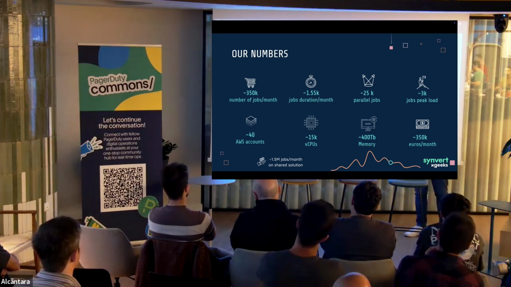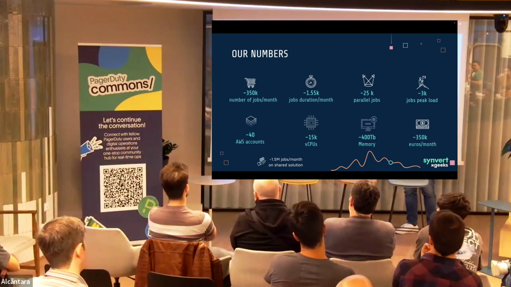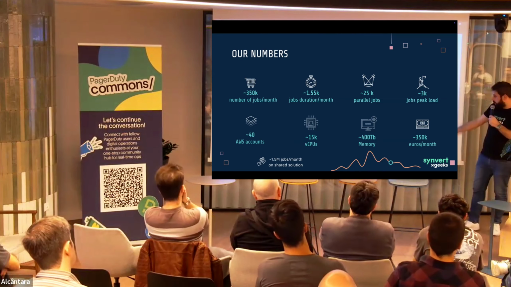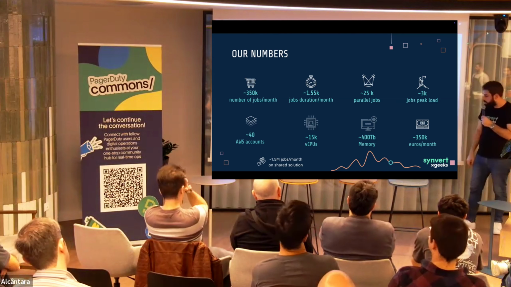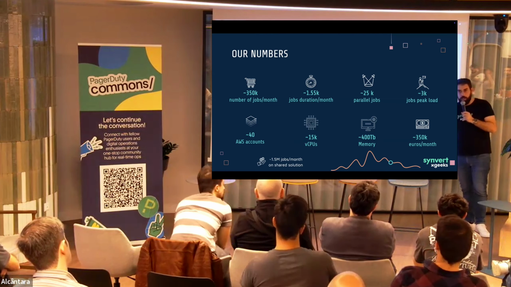We have more than 40 AWS accounts. Our users have asked for 15K vCPUs and 40 terabytes of memory, and basically we are talking about 350K in euros. Apart from this, this is just the fleeting runners, okay?